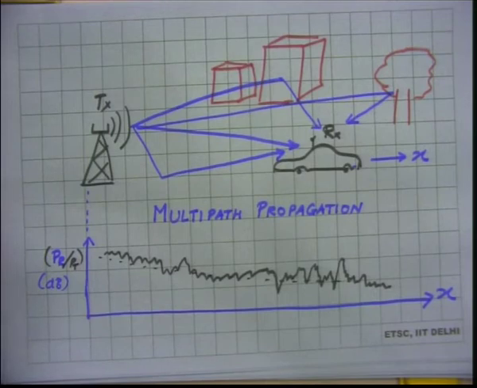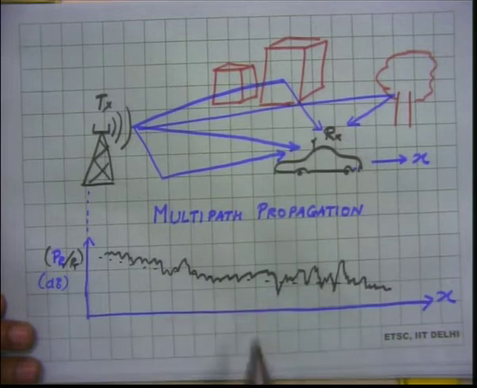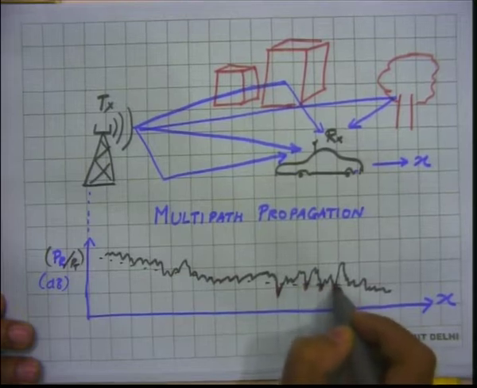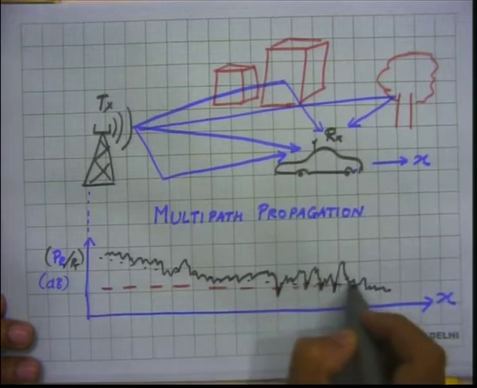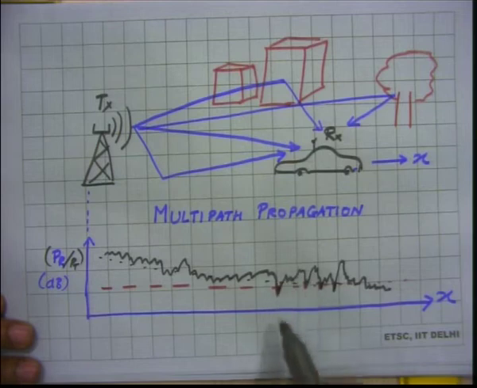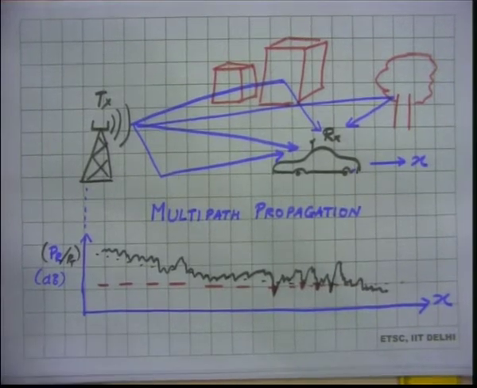So, this is typically a profile of a fading channel, and these are your fades. And if this is the receiver threshold over which the signal should work, then there would be many times when you go below the threshold and you may have a loss in communications. So, this is the general nature of the fading channel, and we would like to design our TCM scheme based on the characteristics of a fading channel.